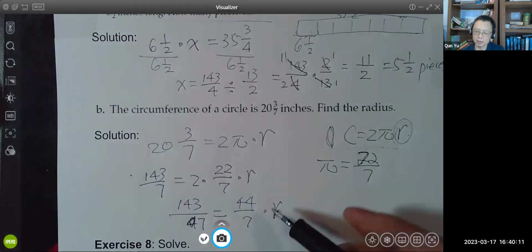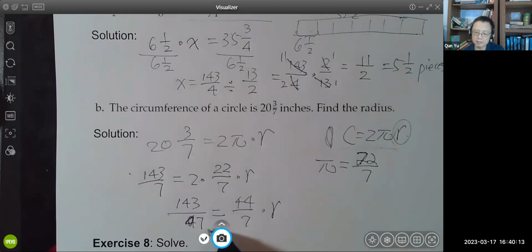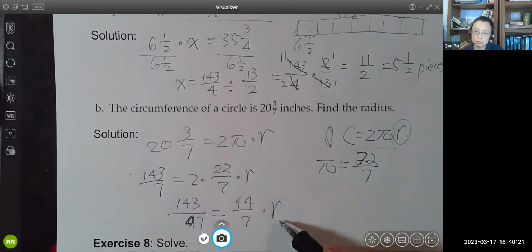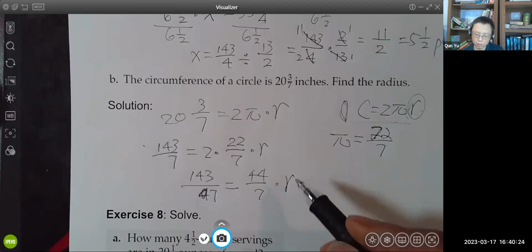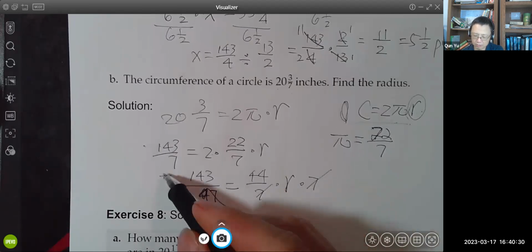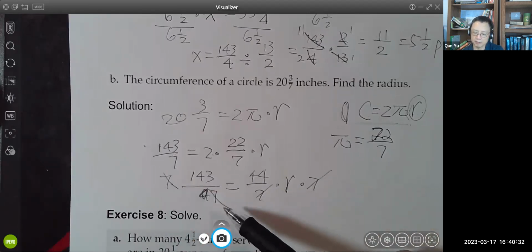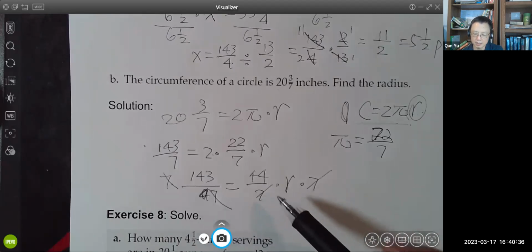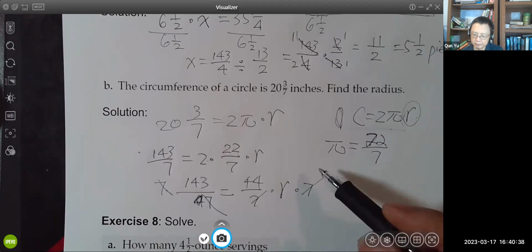So whenever you have same thing on the denominator or same thing on the numerator, you can cancel them. And the way to cancel that is this. You can always do the same operation on both sides of the equation. Imagine I multiply 7 on both sides. Guess what? This will cancel, this will cancel. That's why whenever you have a common factor on the same side of the equation, you can cancel it.